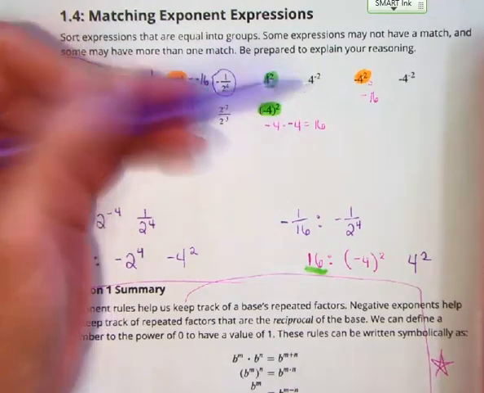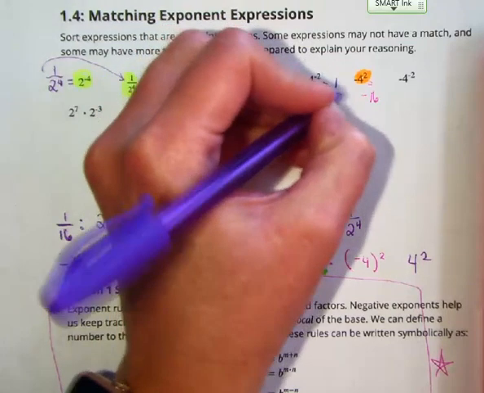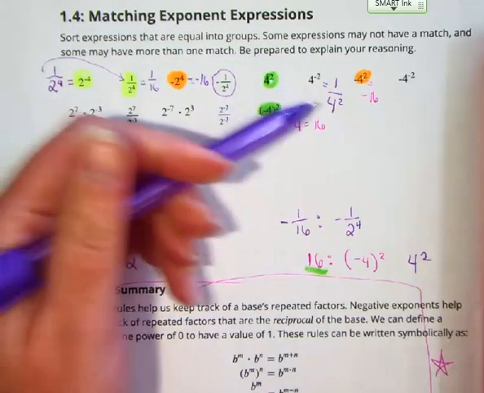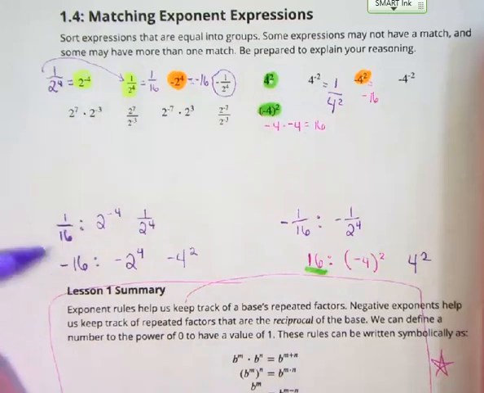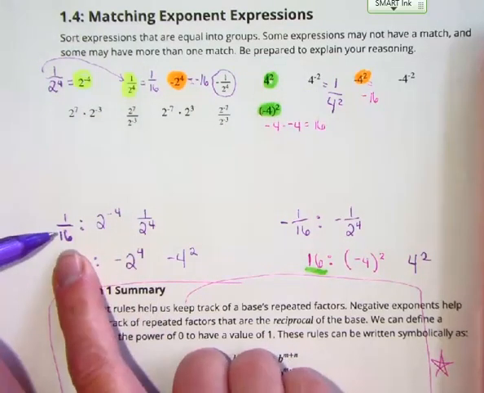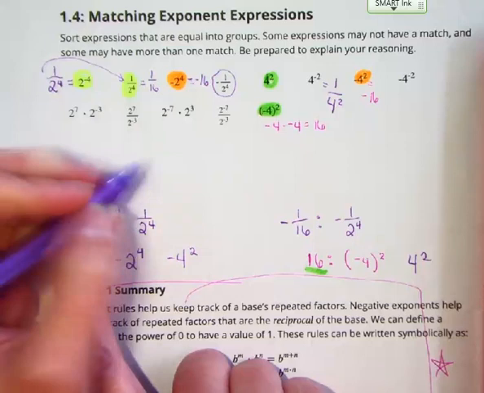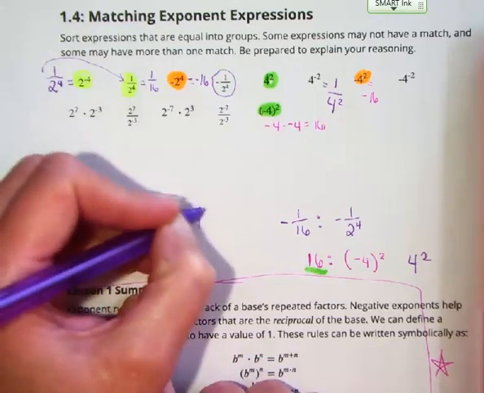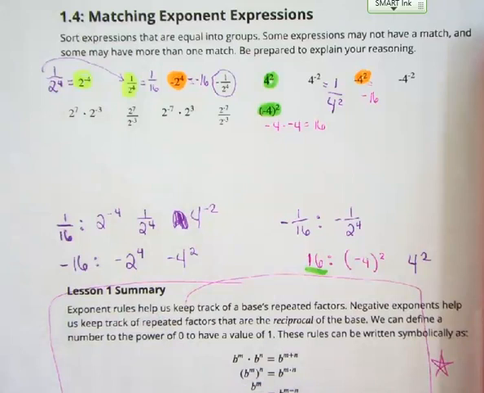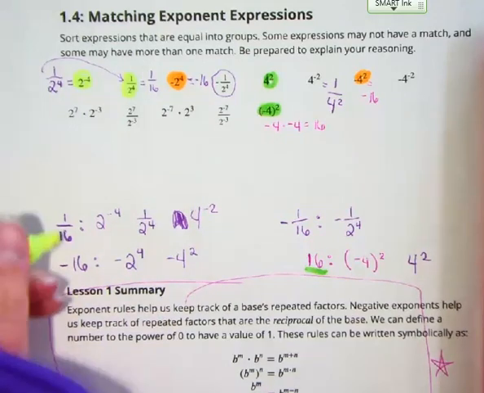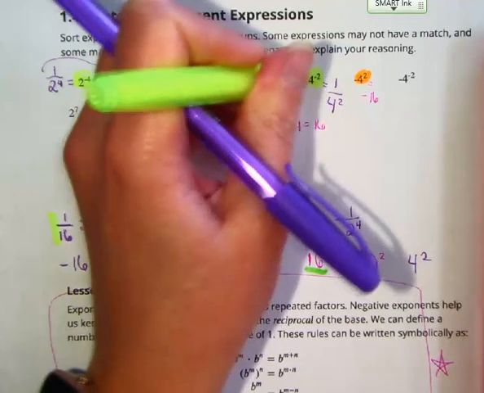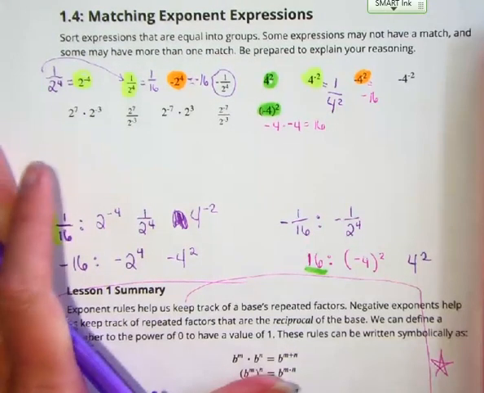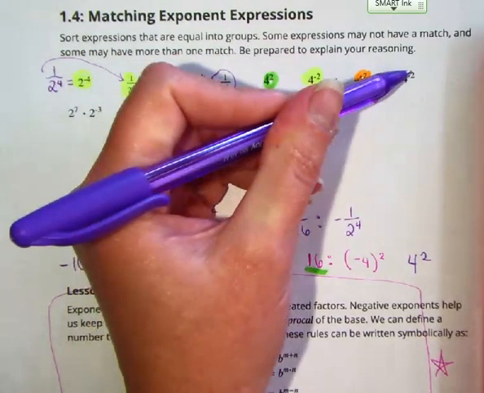4 to the negative 2, a negative exponent forces something into a fraction. So 1 over 4 to the positive 2, that's 1 over 4 squared, which is 1/16. So I'm going to add this guy to this list here. Oops, sorry, 4 to the negative 2 belongs with that list. Those guys are yellow. Negative 4 to the negative 2.